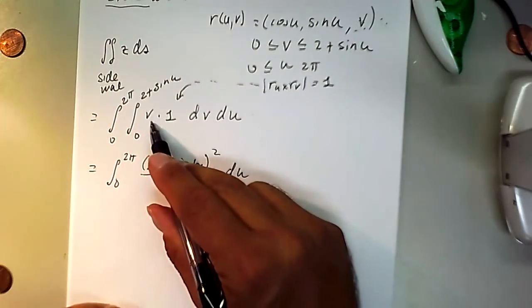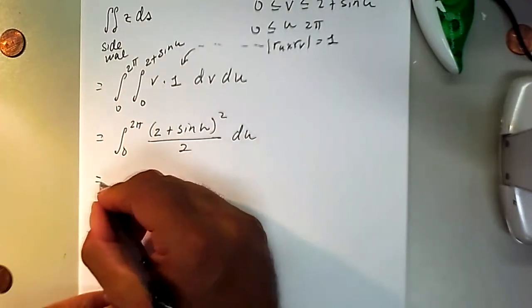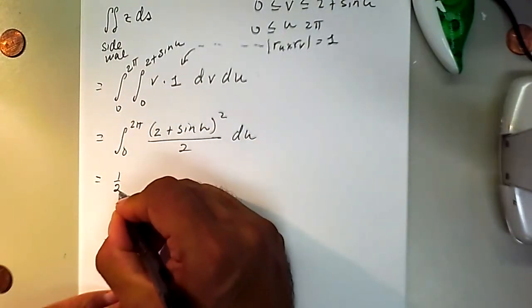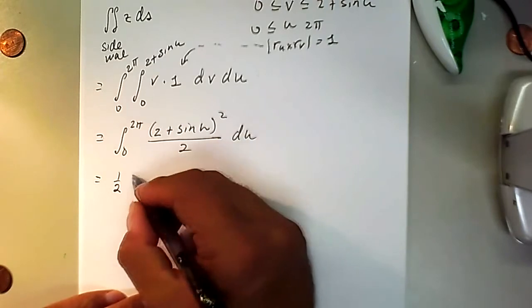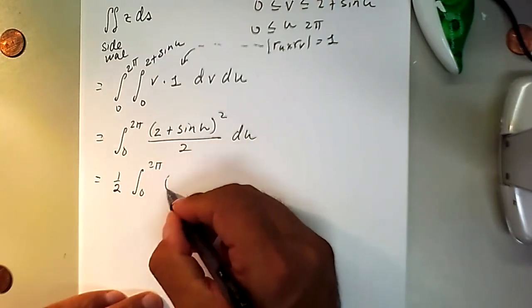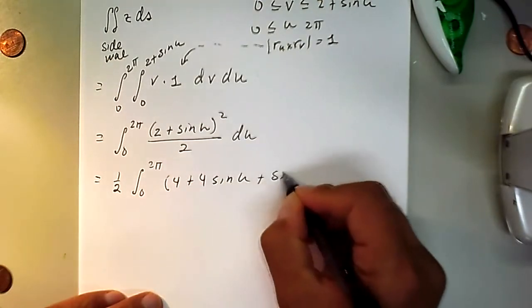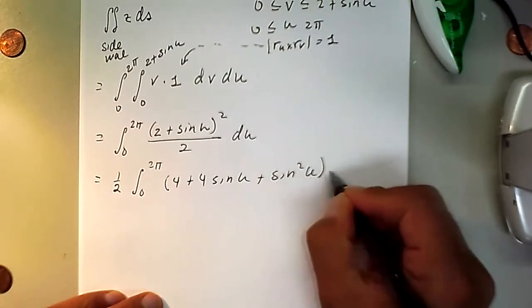V squared over 2, plug in that, plug in 0. All right, let's put the 2 out, the denominator rather. And so we're going to integrate from 0 to 2 pi, 4 plus 4 times sine of u plus sine squared of u du.